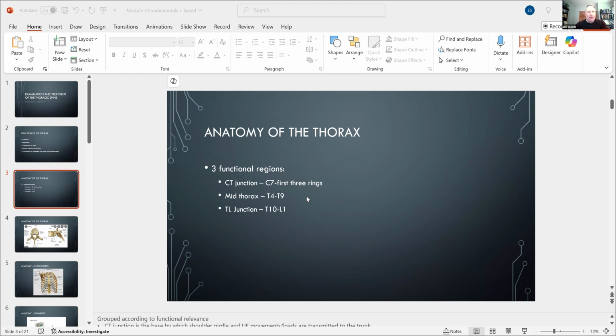A lot of schools of thought will not look at T10 on T11 or even necessarily T11 on T12, but the anatomical variations that we have there and the functional combined movements that occur through the TL junction to allow the attenuation and absorption of rotational forces coming up from the leg through the pelvis and lumbar spine into the thorax, the mechanics of that really extend all the way into the T10 segment. So we have to take that into consideration as we look at it from a functional perspective.